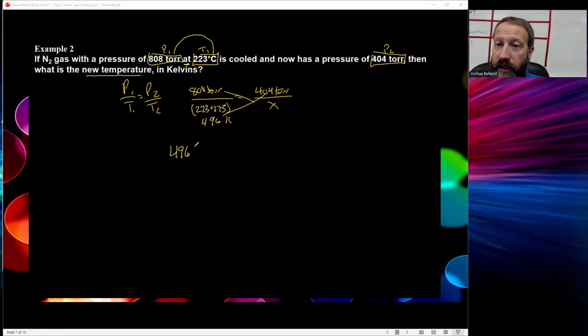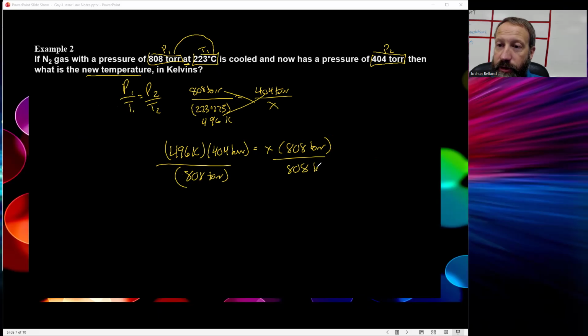So, okay. I'm again going to cross multiply and divide. So 496 Kelvin times 4044 equals X times 8084. So I'm going to divide both sides by 8084, because that's going to cancel the 8084 here. And that's all for my answer.